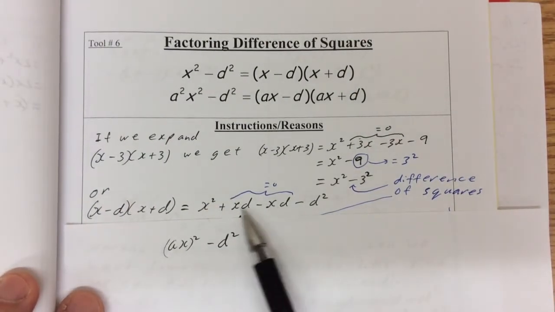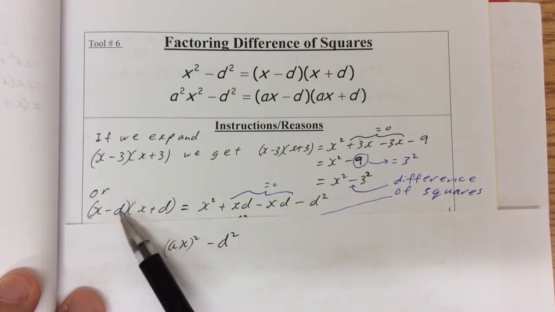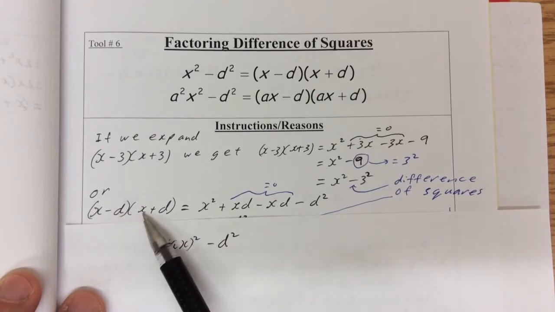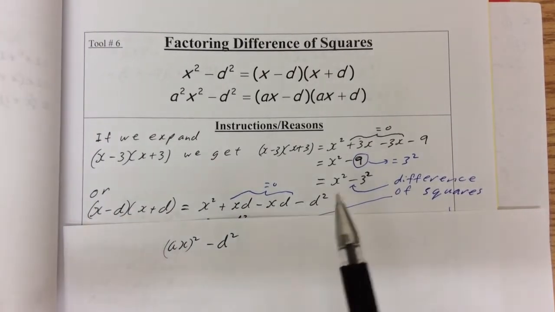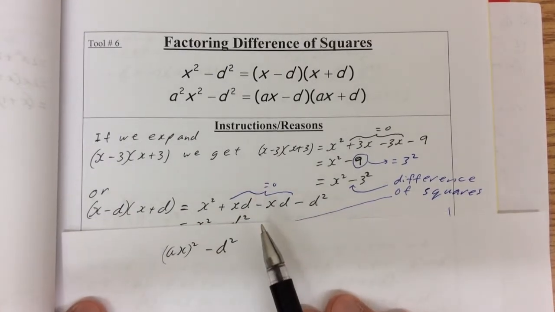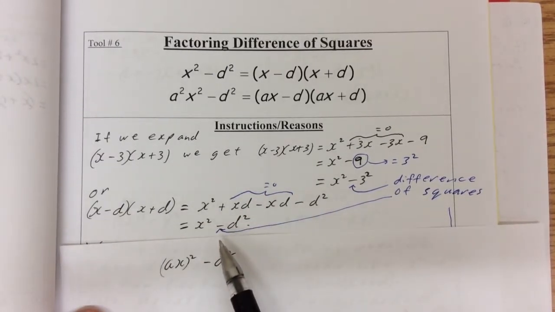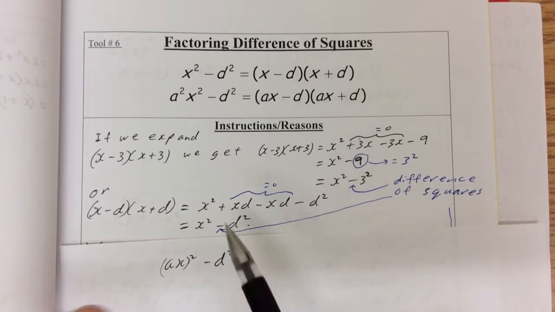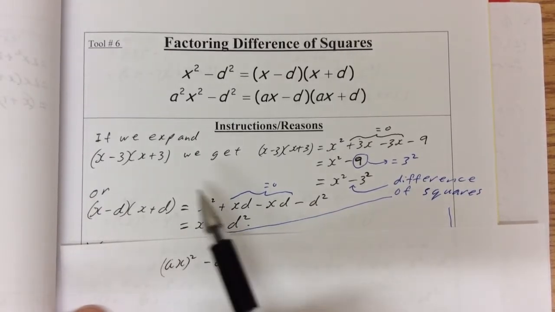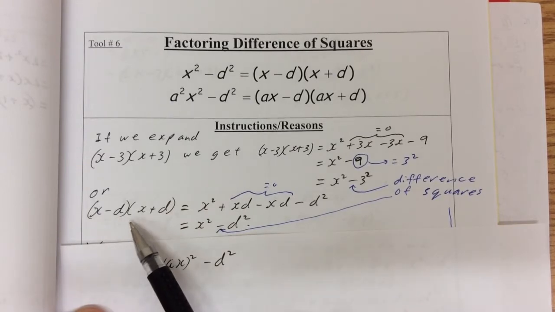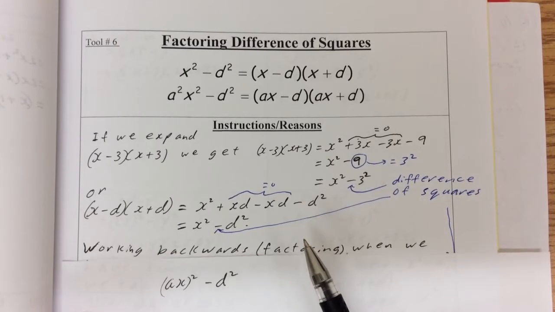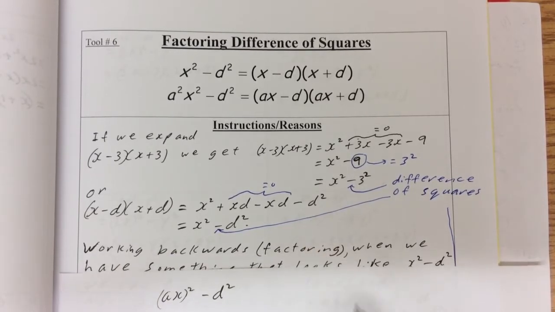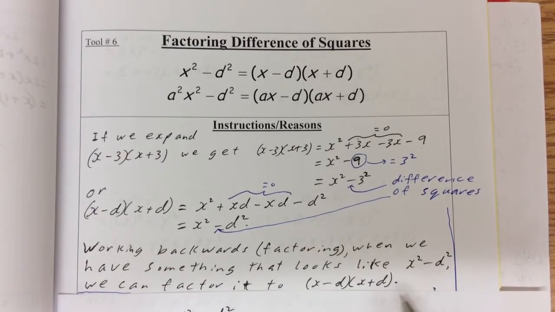Middle two terms are opposite signs, so outside, inside, xd minus xd. And then the last term is negative d squared. Those cancel out, and you have a difference of squares. So anytime you have something that looks like this, you can immediately factor it to x minus d, x plus d.